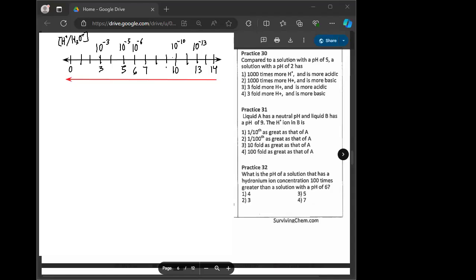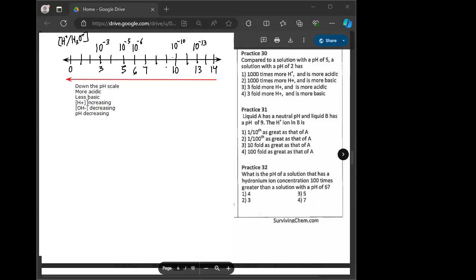When we're going down the pH scale, where the substance is becoming more acidic, less basic, the hydrogen ion concentration is increasing, and then the OH ion concentration is decreasing, and the pH is also decreasing.